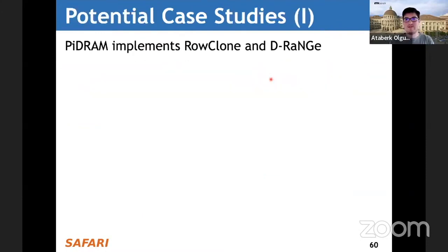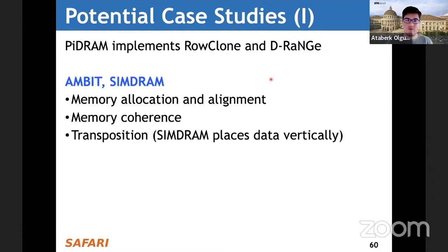Now I will list some potential case studies that we can do using our infrastructure. We already implement row clone and derange, and there are other works that we can evaluate. The two works that I list here, Ambit and SimDRAM, have integration challenges similar to row clone to some extent.